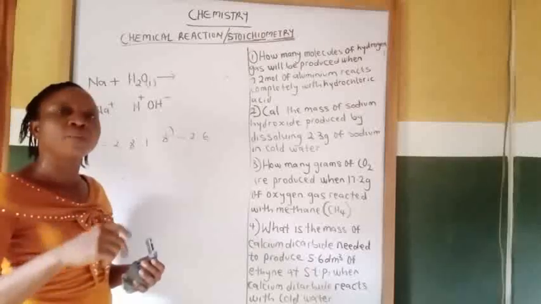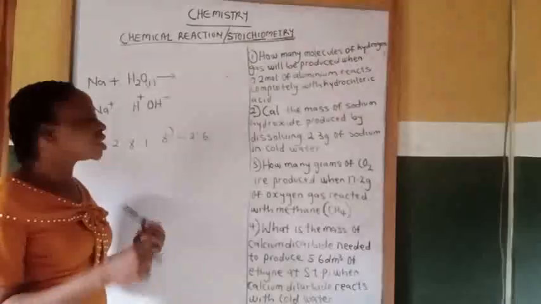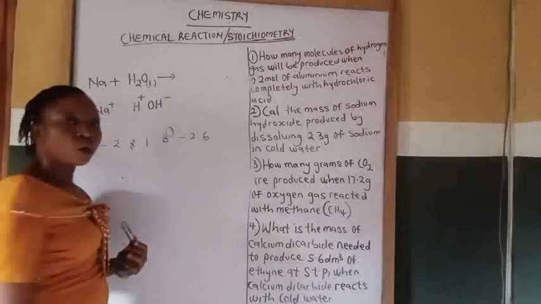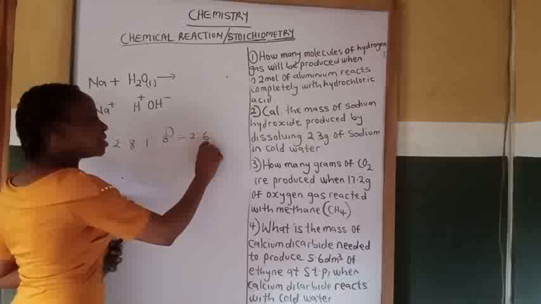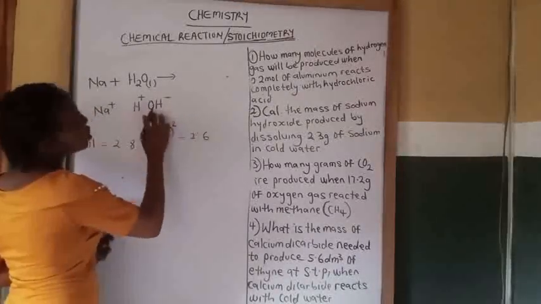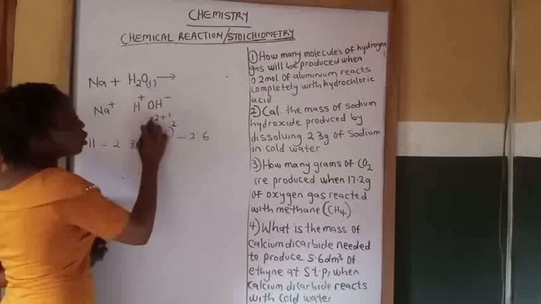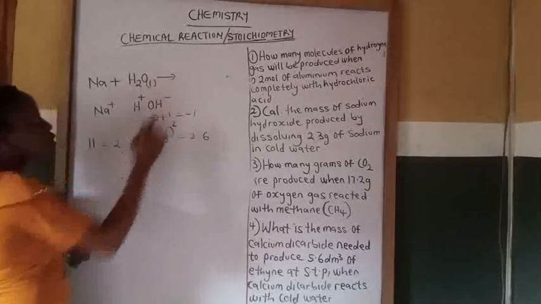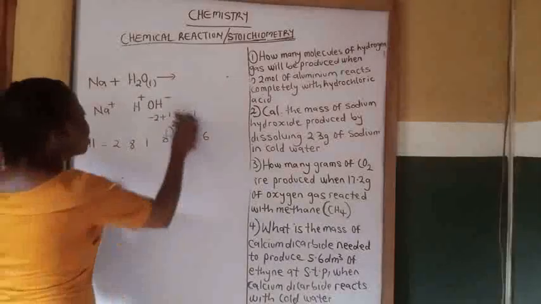So you calculate the charge by the remaining number of electrons to complete the octet structure. So this one needs 2 to balance that 8. So the charge on oxygen is 2 minus. So if oxygen is -2 and the charge on hydrogen is +1, so -2 plus 1 will give us -1. That is how we derive minus on OH. Now let's proceed.